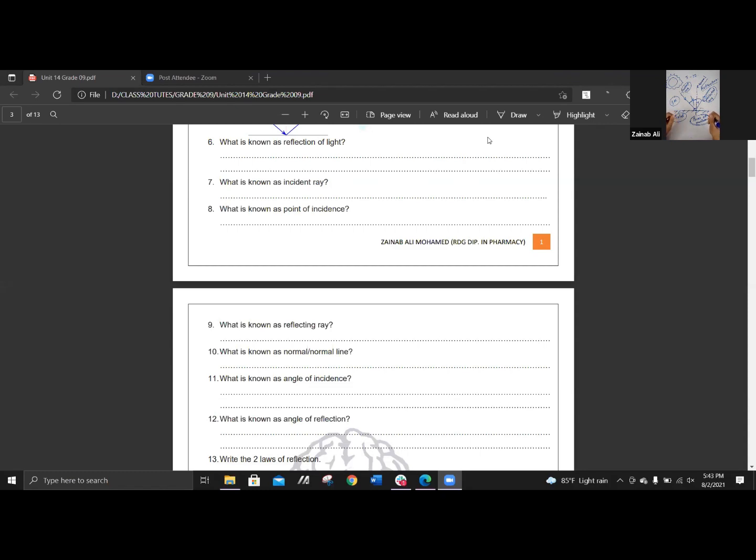Okay, Reshma wants me to explain the angle of reflection again. So what is angle of reflection? Now see, this is the angle.